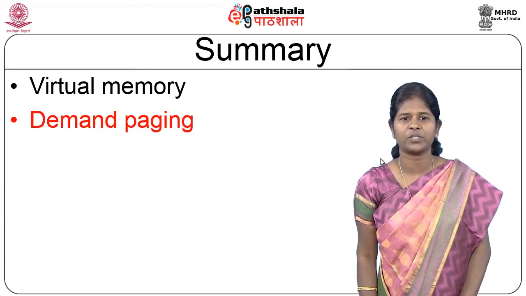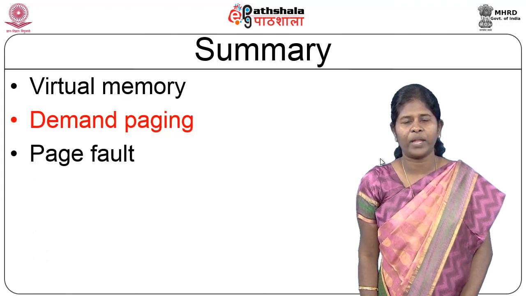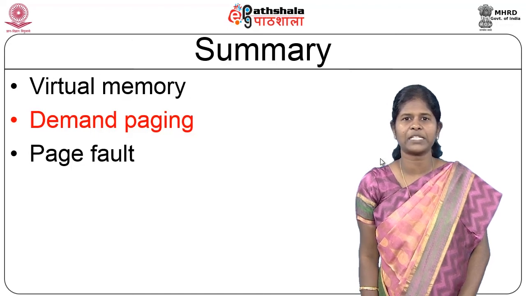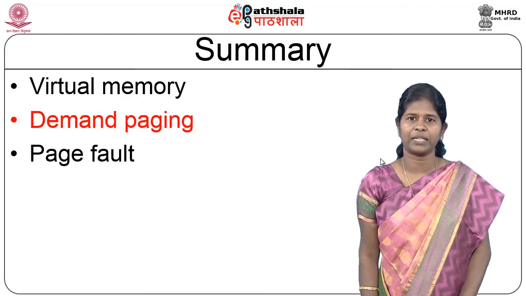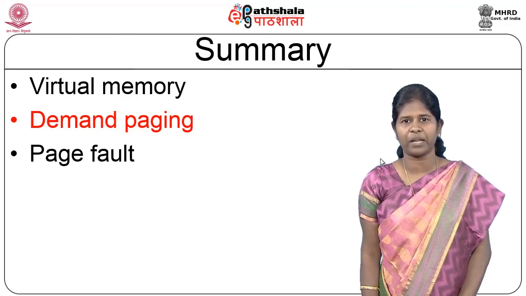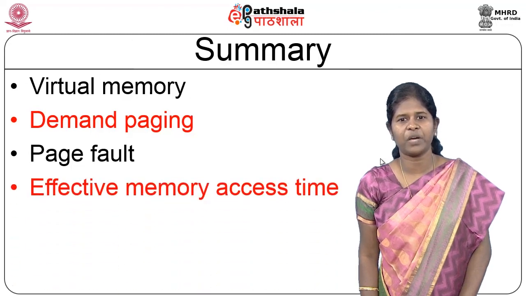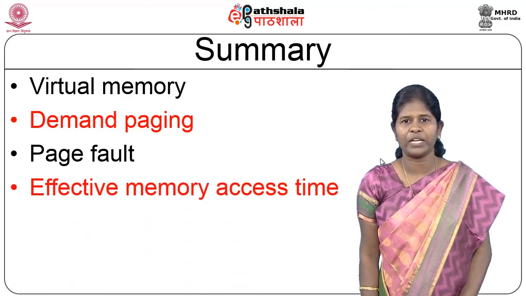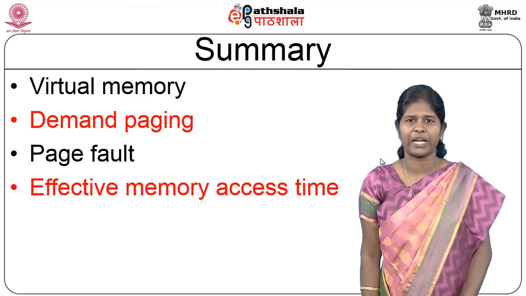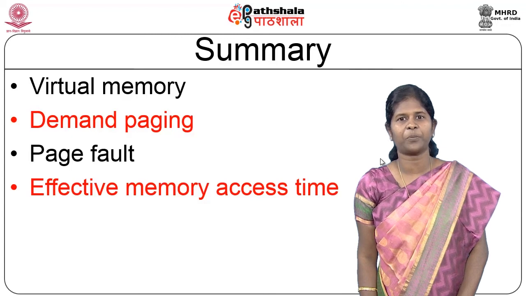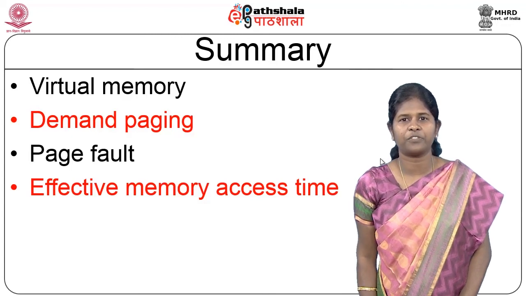Whenever the page needed is not present in the physical memory, a page fault is generated, a trap is given to the operating system. The page fault is serviced by the operating system and the required page is brought into the physical memory and then the instruction is restarted. We also saw how to calculate effective memory access time, and we found that the effective memory access time is directly proportional to the page fault rate.